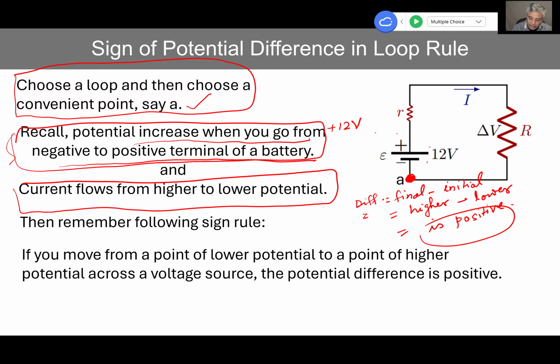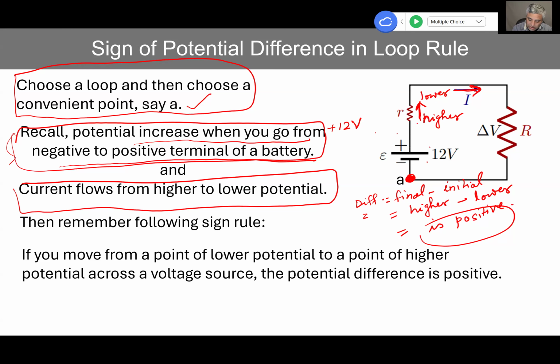In this circuit, current is flowing like this, so it is flowing that way in the resistor. That means this end is higher and this end is lower.